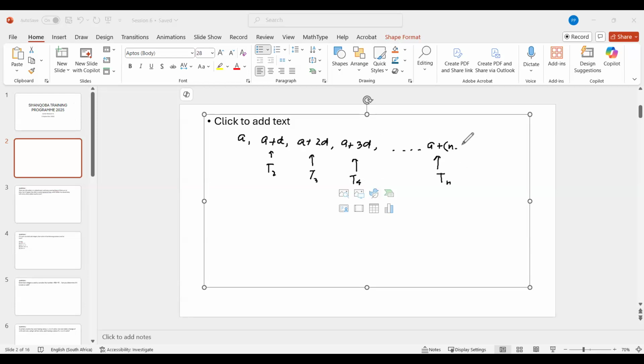So it's n minus 1 D. So this is the first important formula, that the nth term of such a sequence is A plus n minus 1 D. You're expected to know this by heart. The nth term is the first term plus your common difference times n minus 1.